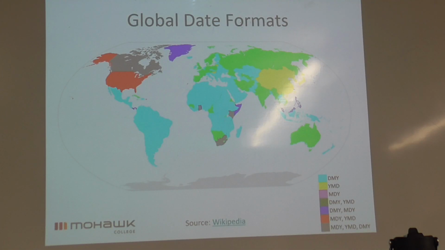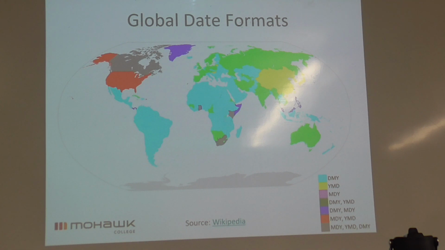These are the date formats that are preferred in different parts of the world. You can see that most places in the world will prefer either day, month, year, or year, month, day, or some combination of the two. Once again, America. Month, day, year is one that exclusively Americans like.